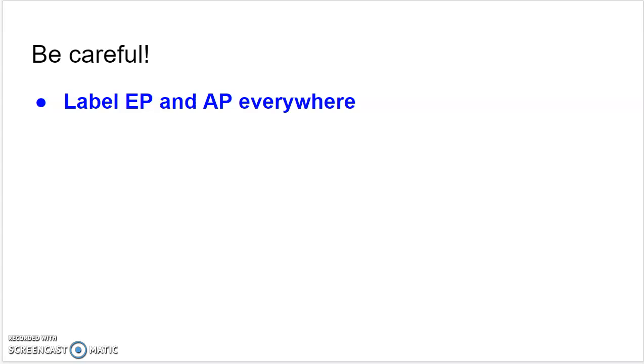So when you're converting EP quantities into AP using yield percent or some other parts of the book of yields that we're about to talk about, be really careful. It's very easy to get confused because there's a lot of things going on. As we've talked about before, be sure to label EP and AP everywhere that you write something down.